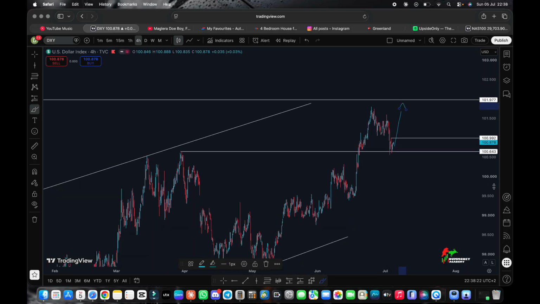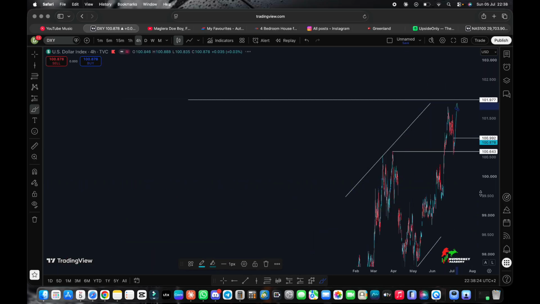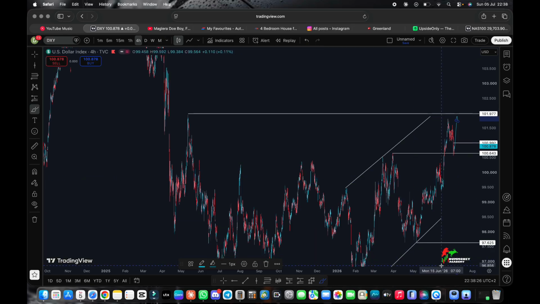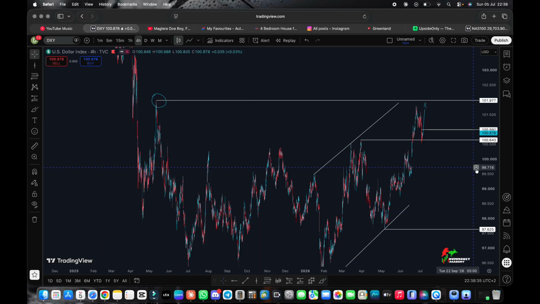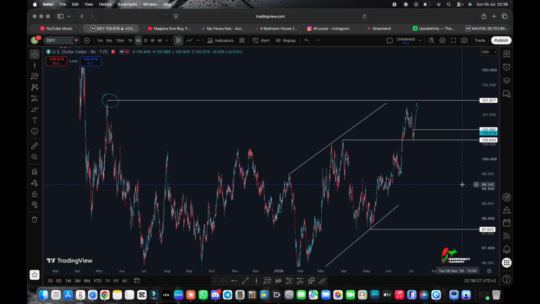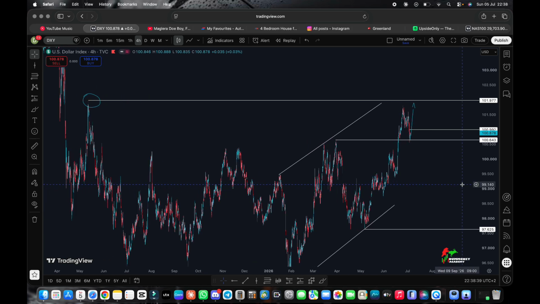Very simple. If I zoom out a bit, we can see that this was a high point, right? The first thing we need to do is develop your playground. In this instance, my playground consists of a high and a low.